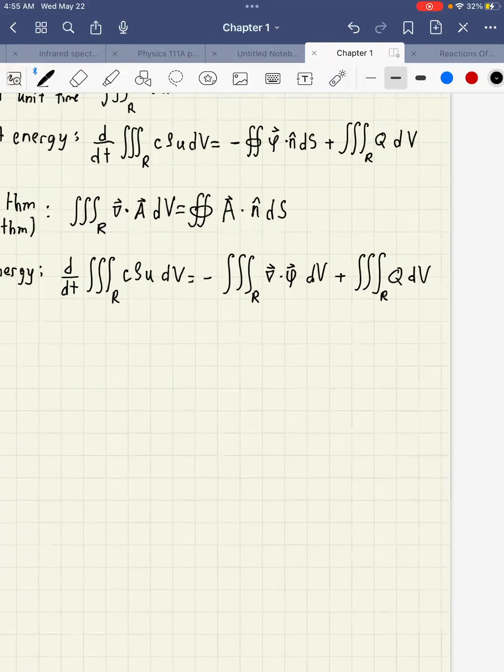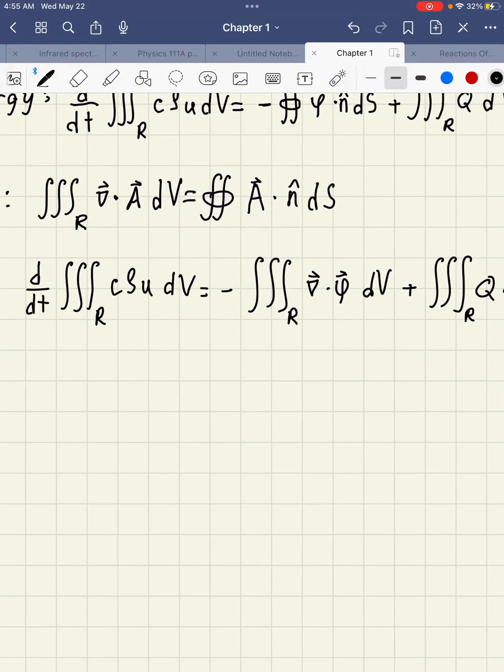Now I can take everything to one side. So assume that the heat capacity and the density are time independent. Not assume, they are time independent.